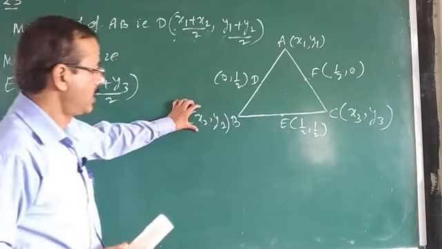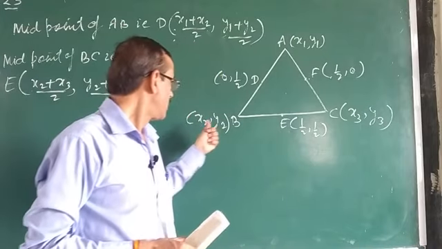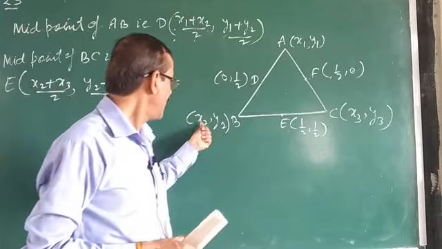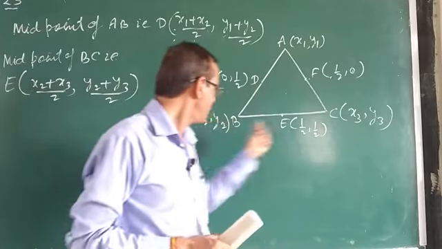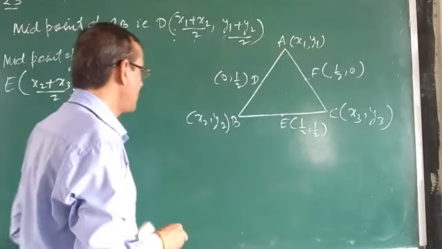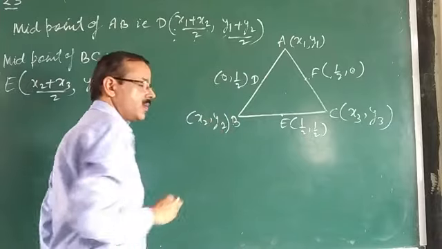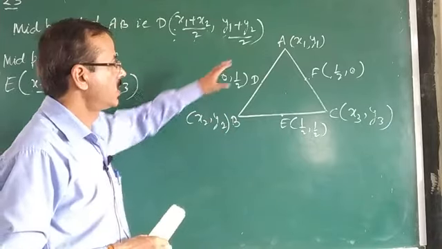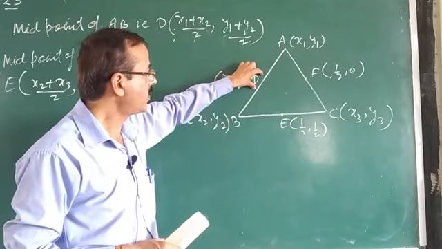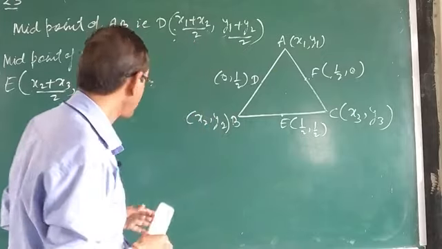Right? Midpoint of BC is E. To find the midpoint by using these vertices, abscissa upon 2, ordinate upon 2. Okay? Remember, I told you to find a midpoint: if 2 points (x1, y1), (x2, y2) are given, we get a line if we join both points. To find the midpoint, ((x1 + x2)/2, (y1 + y2)/2).